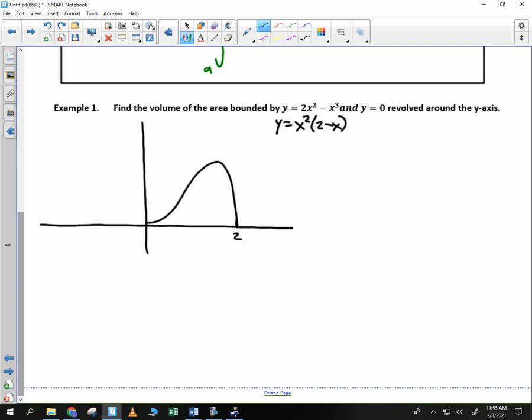We have y equals 0. And we have the y-axis, okay? We're going to revolve it around the y-axis. So we're going to take this shape and revolve it here.